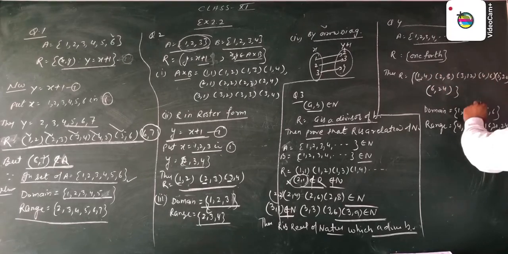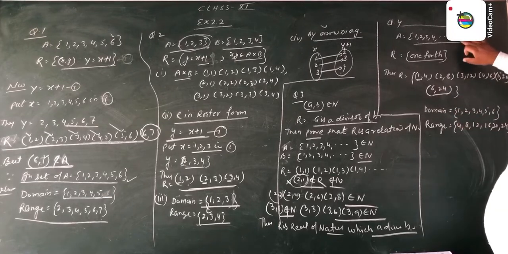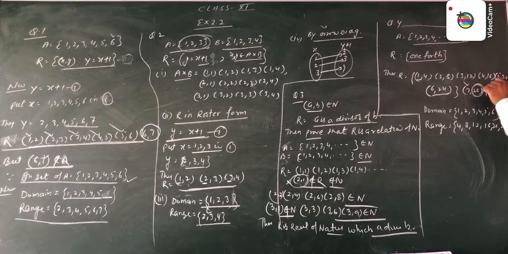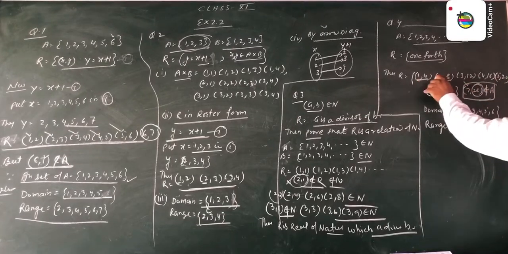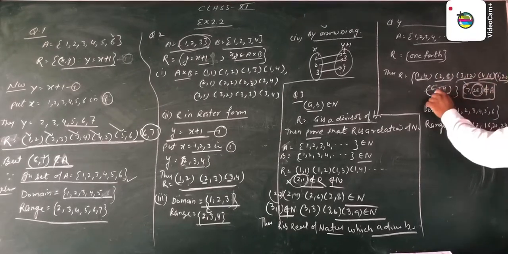We take 24 as the last second component, because if we take 7 and 28, 7 belongs to A but 28 does not belong to A, so we do not take this pair. Then the pairs are 1 4, 2 8, 3 12, 4 16, 5 20, 6 24.